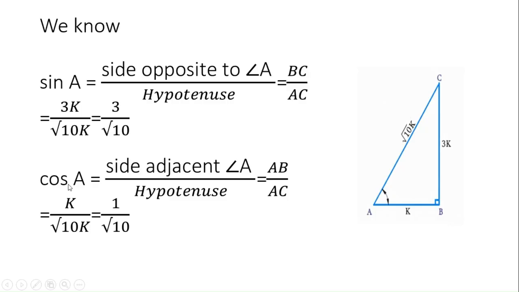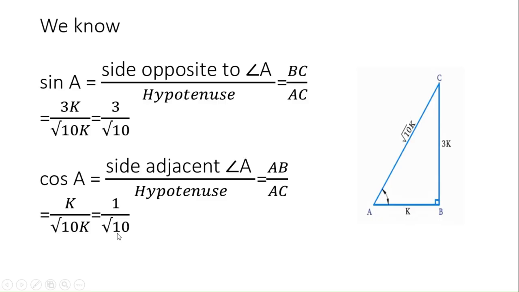Okay, and cos A is nothing but side adjacent to angle A by hypotenuse. Side adjacent to angle A is nothing but AB. Hypotenuse is nothing but AC. So cos A is nothing but AB by AC. So AB is K and the hypotenuse is root 10K. So we have written K by root 10K. Further it becomes 1 by root 10.